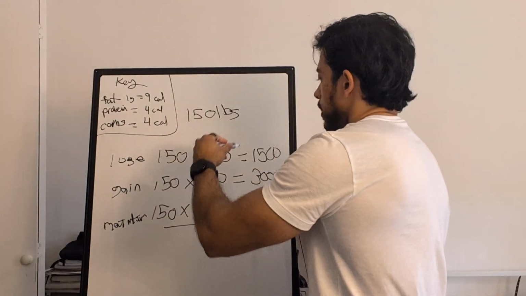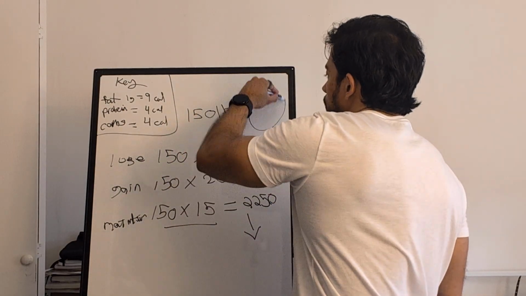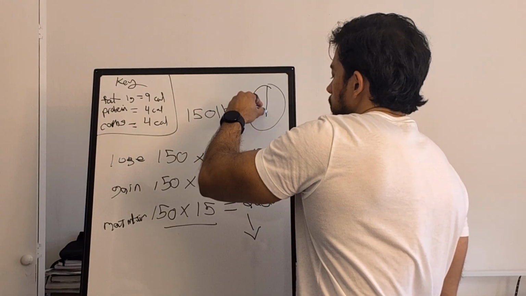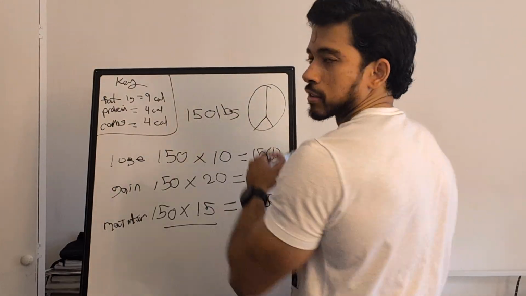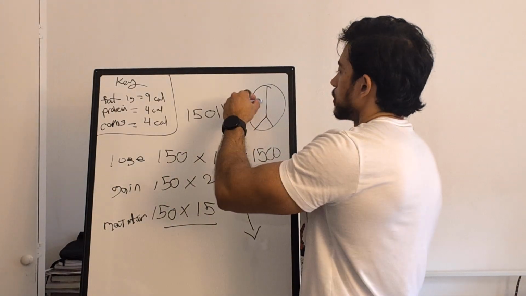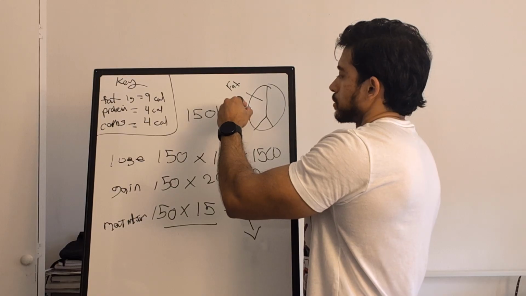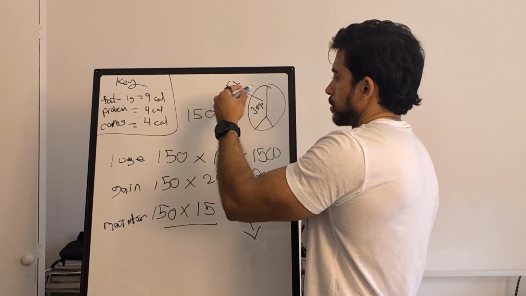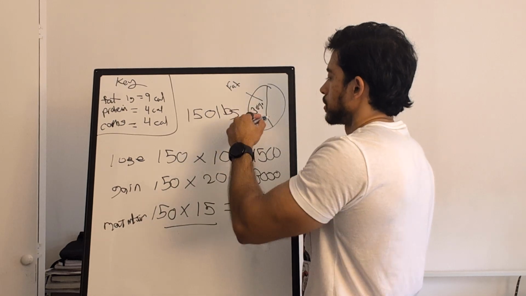Now, when people say, you've seen this before, right? You've seen this circle before. It looks like the peace sign. It's not the peace sign. So let's say fat. You see like 30%, say a Mediterranean or an American diet.